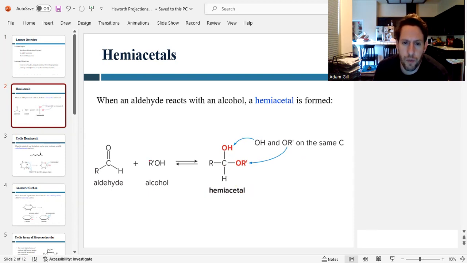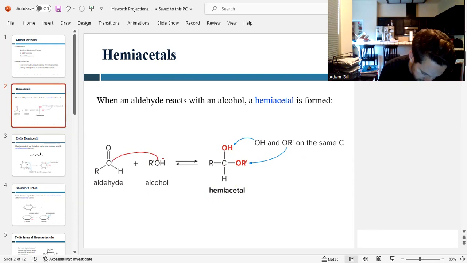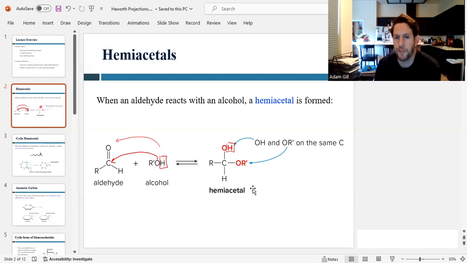Now, what's happening essentially here is this oxygen is attaching to this carbon here, and this oxygen is going to pick up the hydrogen. And so the hydrogen shuffled over, and the OR is now attached directly to the carbon. So this is known as a hemiacetal.